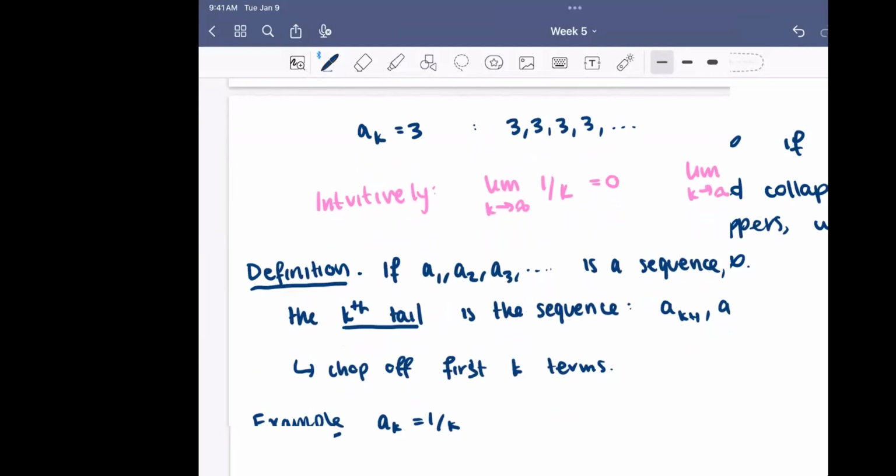This is going to be a sequence where we've chopped off the first 3 terms. So 1 over 1 is chopped, 1 over 2 chopped, 1 over 3 chopped. So we're starting at 1 over 4. Does that make sense?